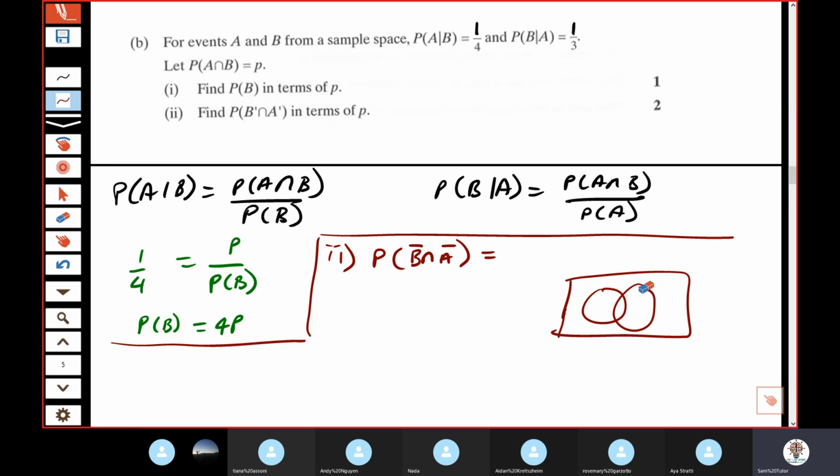Probability of not B and not A. That can be in the middle.